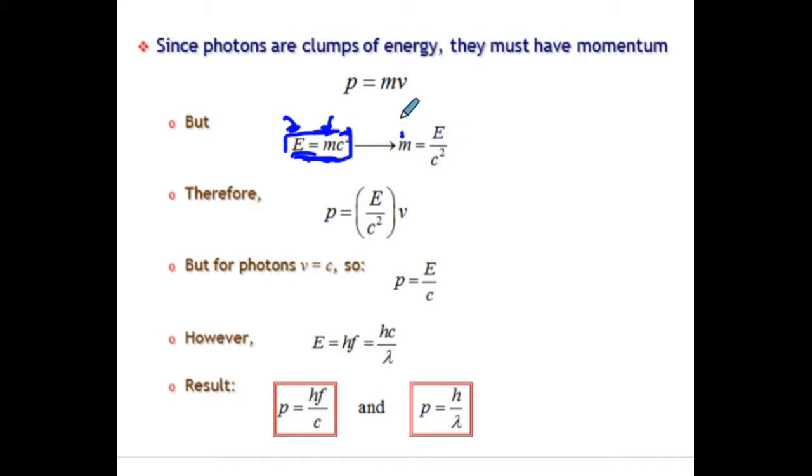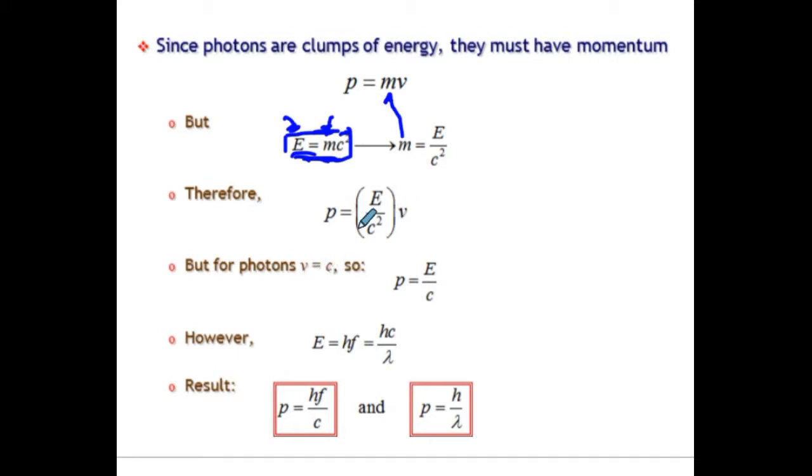Well, therefore, we're going to substitute that into this formula here and say momentum is energy over c squared times the velocity. But wait, we know that the speed of light is the velocity of these things that have energy, right? Because isn't the speed of any electromagnetic wave the speed of light?